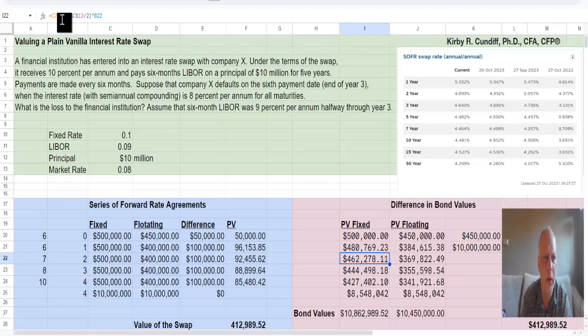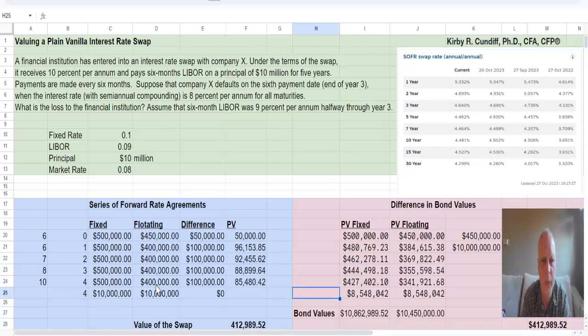So we have our payment here of $500,000 divided by 1 plus 4% to B22, which is 2 6-month time periods. This will be the same to 3 6-month time periods, now to 4 6-month time periods, or 3 here, 4 here, 6-month time periods.